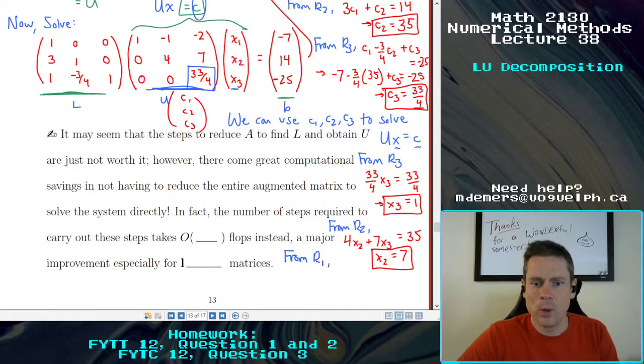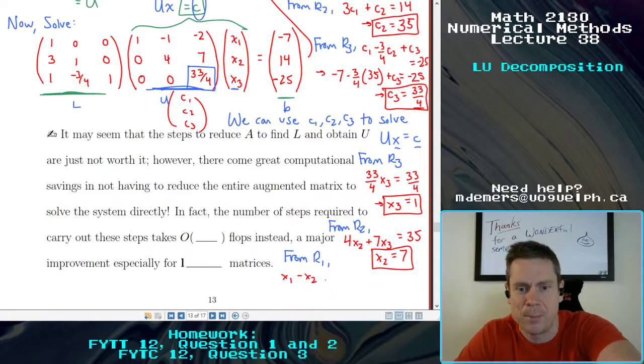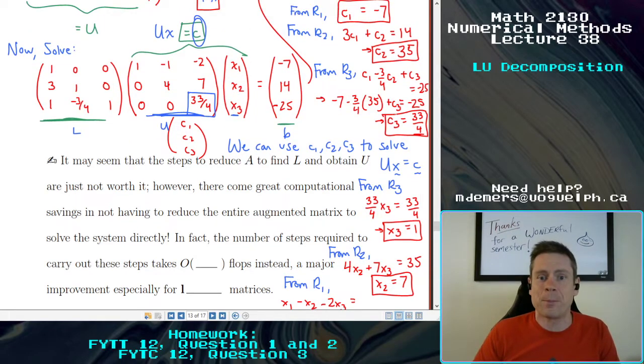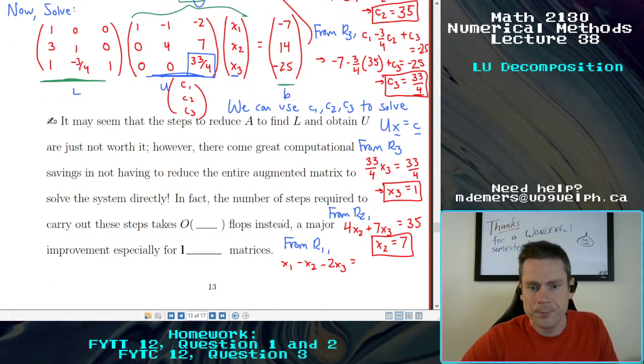Okay, finally, from row 1, let's take a look. We have 1, minus 1, and minus 2, so we have x1 minus x2 minus 2x3. That has to equal our c1 that we found. It's top row, that's minus 7.